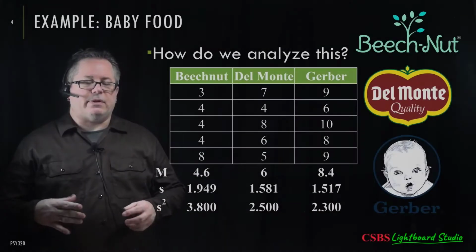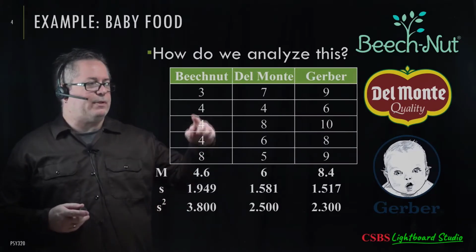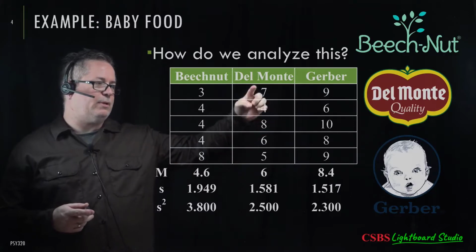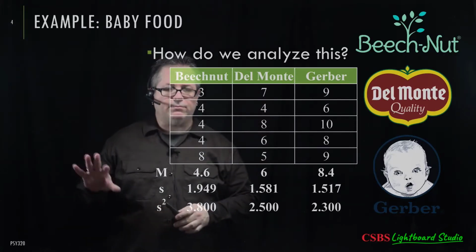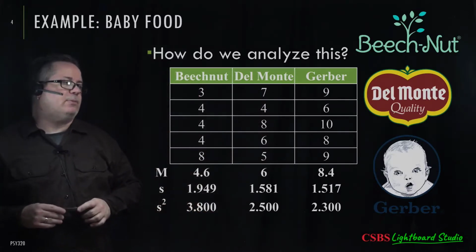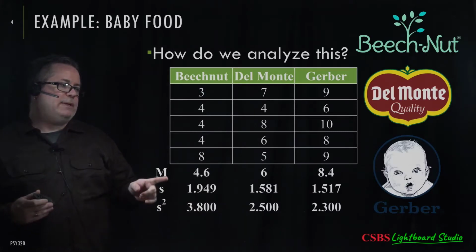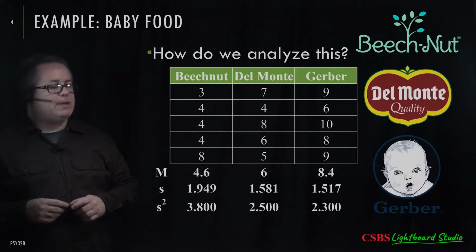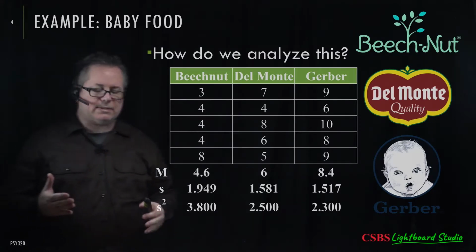All right, so here's the outcome. These numbers represent the number of spoonfuls that each baby ate before refusing the food. We've got the 3 different brands, their means, their standard deviations, and their variances. So the question comes down to, how do we analyze this?